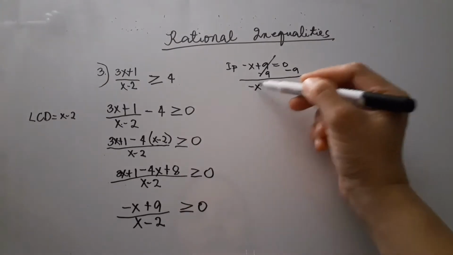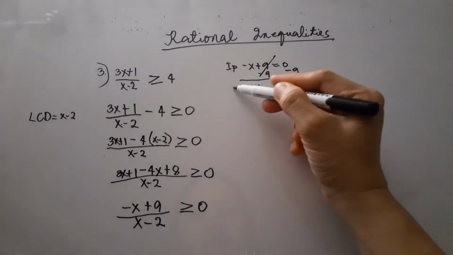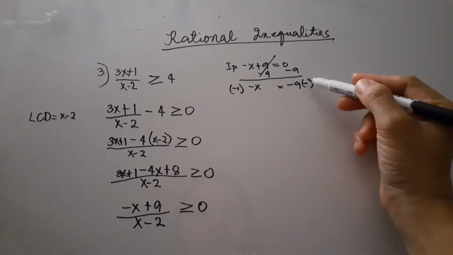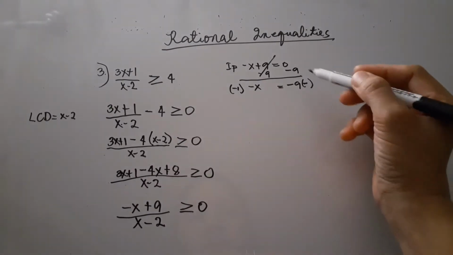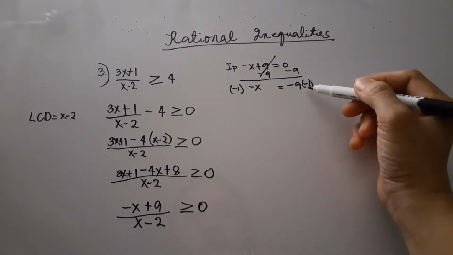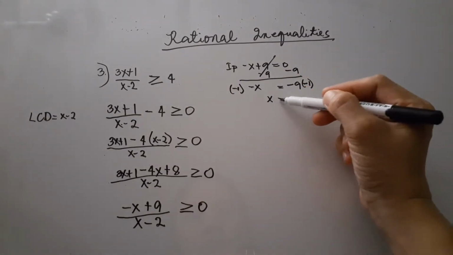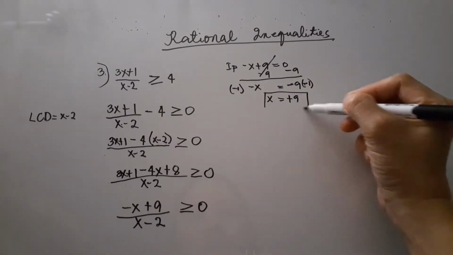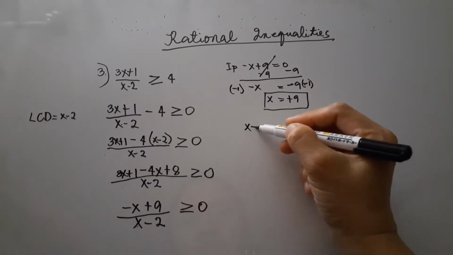Then negative x is equal to negative 9. Since negative x cannot be, we need to multiply each side by negative 1. So negative 1 times negative x is positive x, and negative 9 times negative 1 is positive 9. Therefore, our value of x is positive 9.